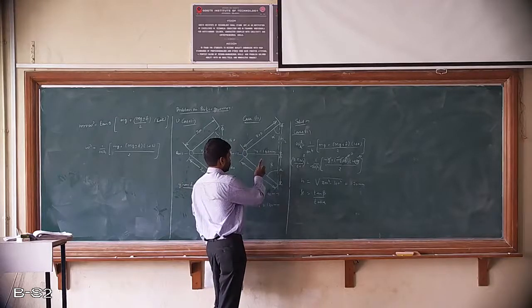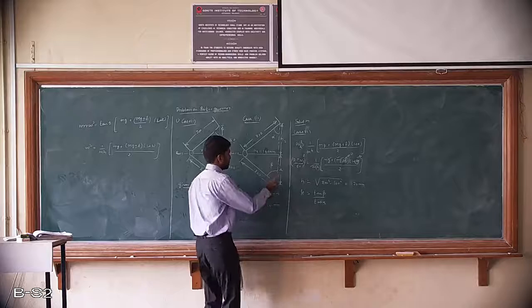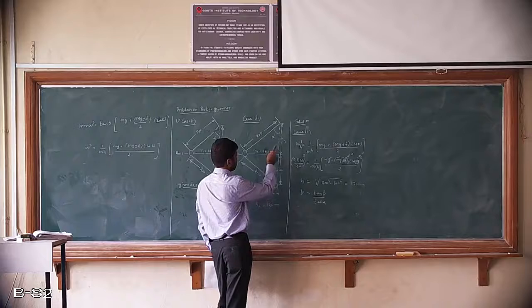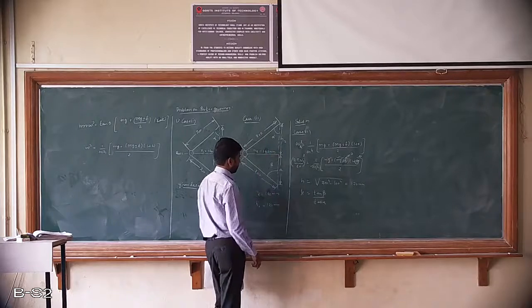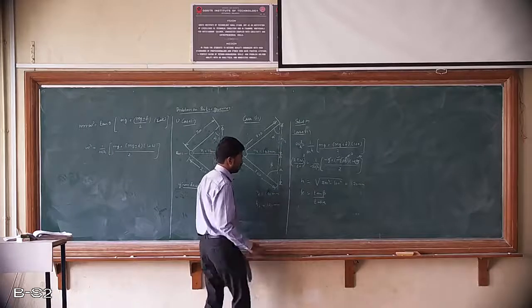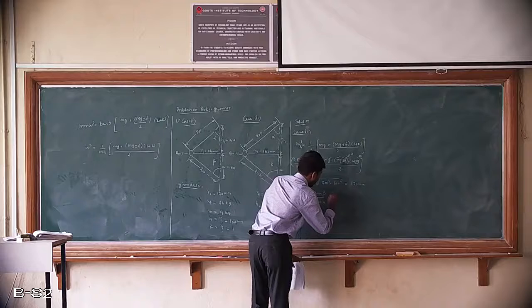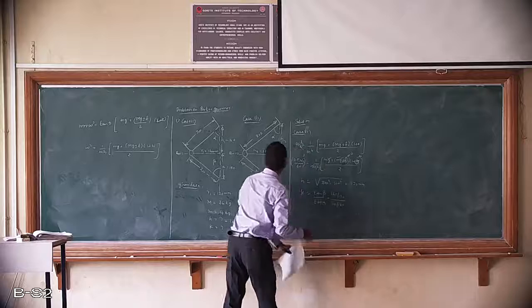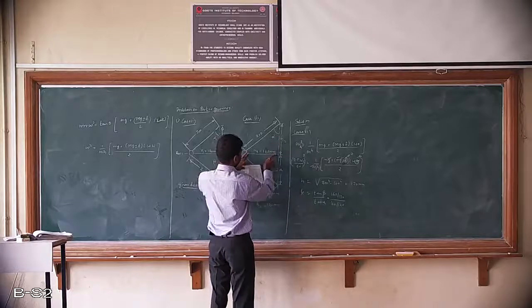This is 200, this is 160, which means this becomes 120. So 160 divided by 120, and tan alpha is once again 160 divided by 120. So if you substitute, you get 160 divided by 120 divided by 160 divided by 120.